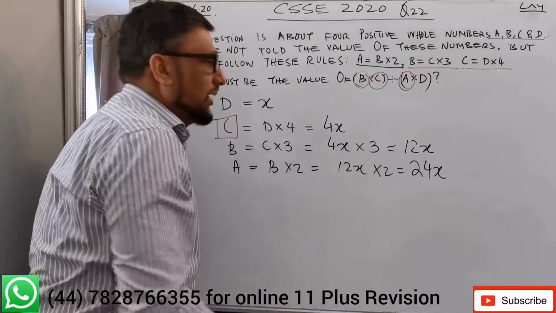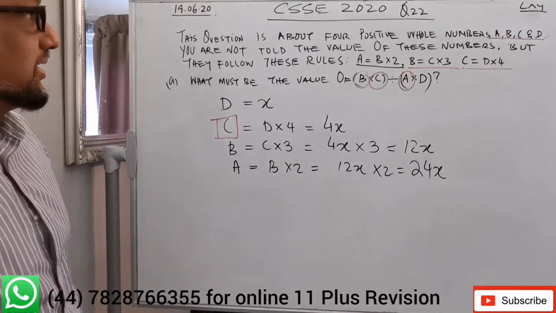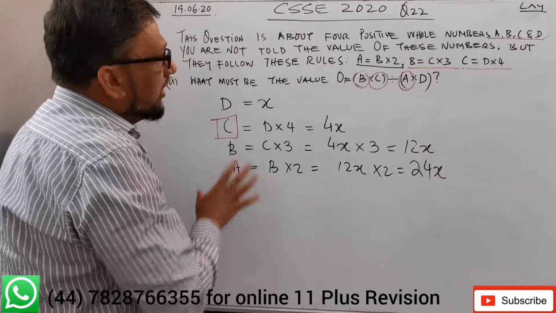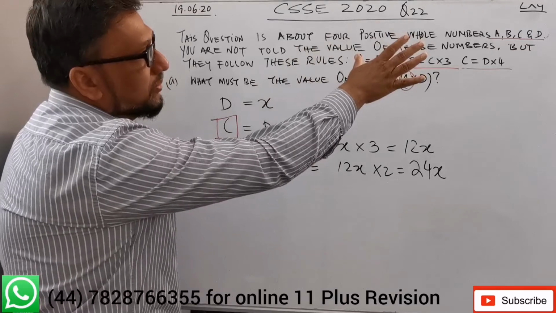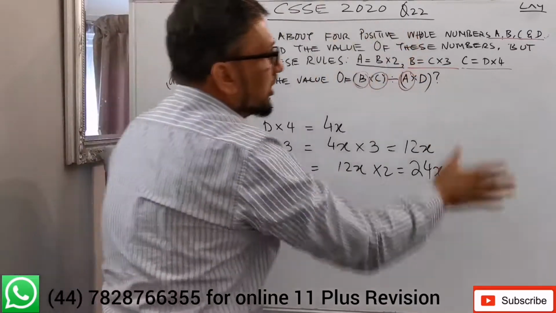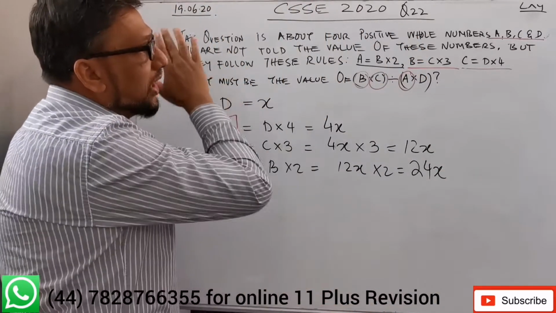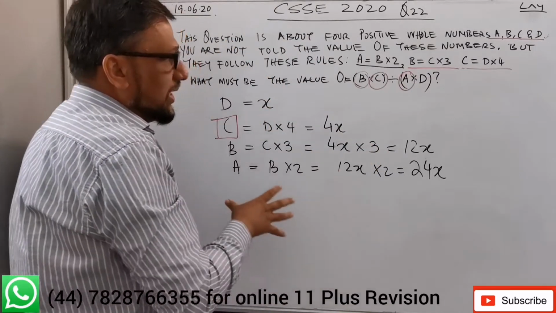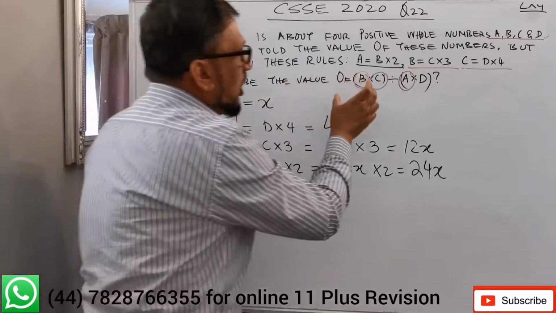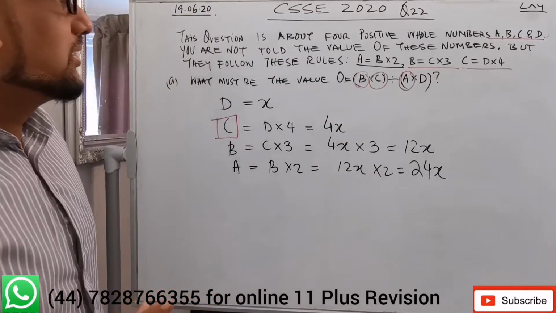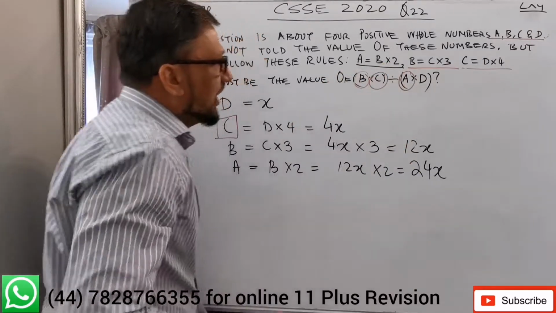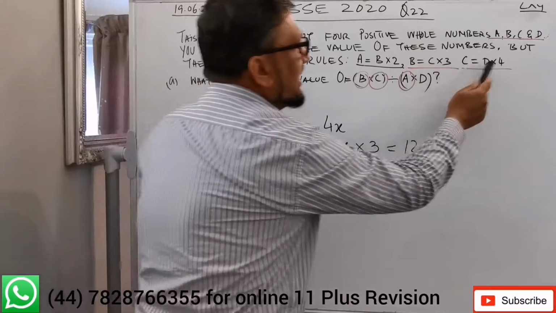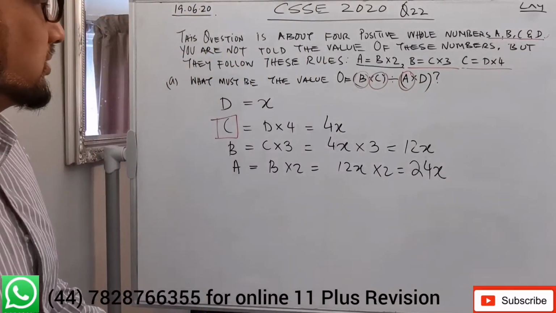I'm going to repeat this one again. It's a bit tricky, so how can we work out this question? They are giving you four numbers which are unknown, the values are not given, but they are giving you the rules. They said A equal to B times 2, B equal to C times 3 and C equal to D times 4.